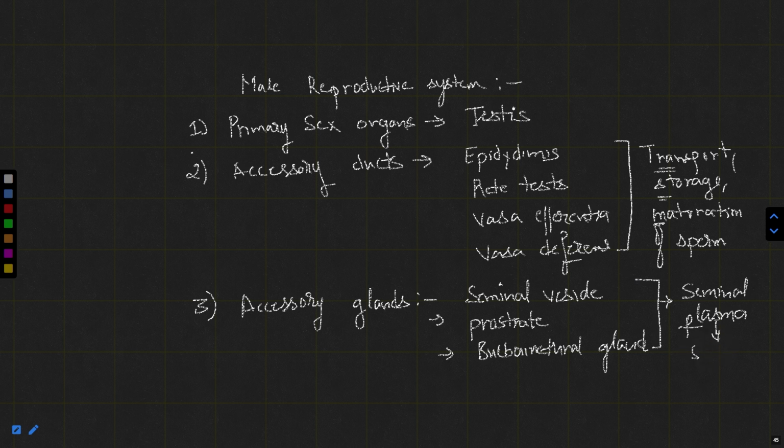Okay, so seminal plasma will help to form the semen. Then the fourth one is the external genitalia. External genitalia is the penis. So these are the components, or you can say parts of the male reproductive system.